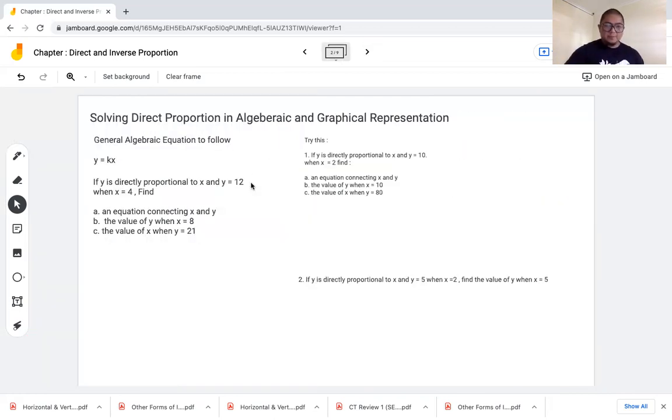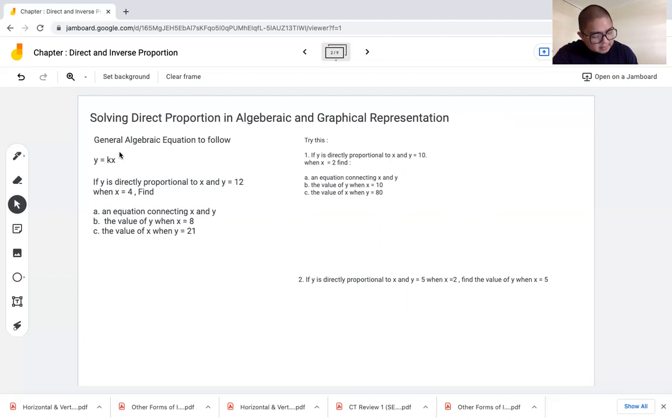So in this portion, you're going to be given a situation where you're going to write an algebraic equation, and afterwards we're going to put it into a graph. Okay, so the first thing that you need to do here is to know the basic algebraic equation to follow in terms of the direct proportion.